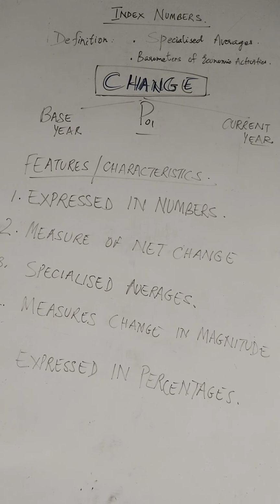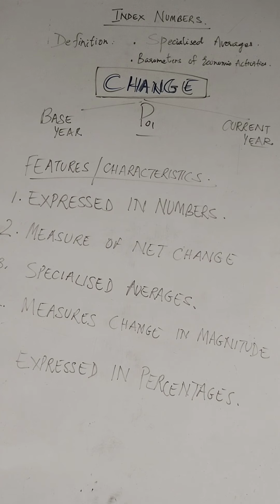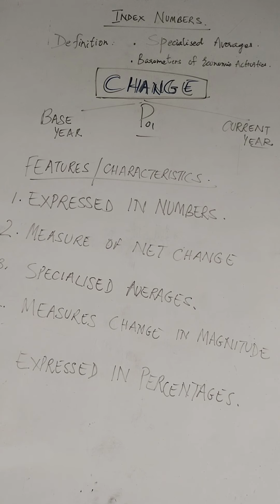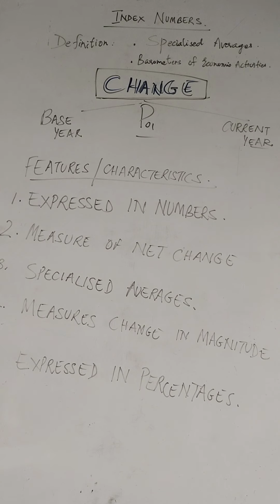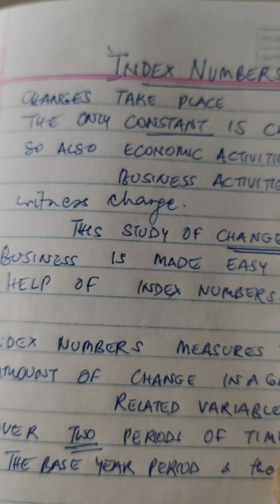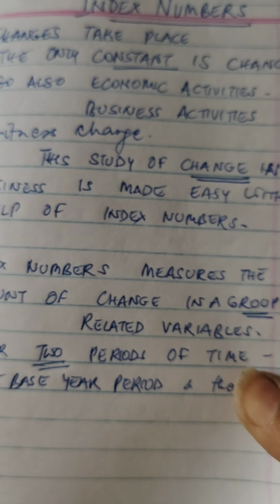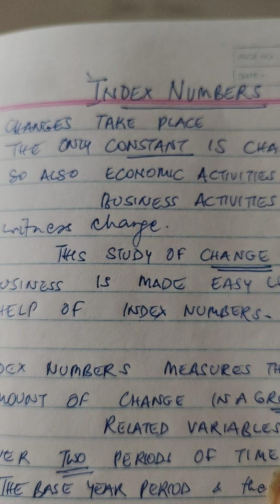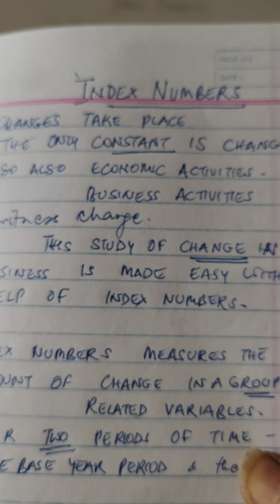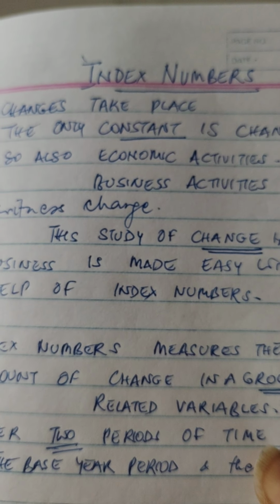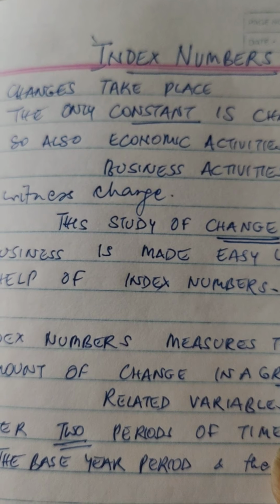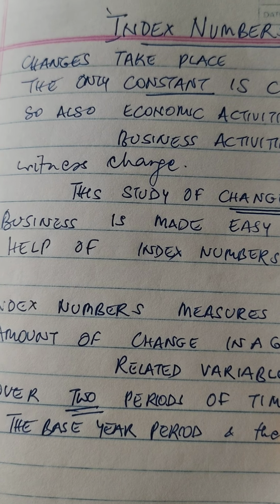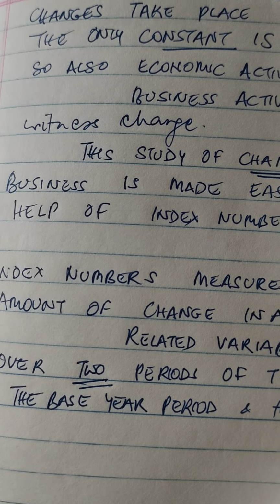Based on this, let me just show you. Changes are taking place all the time, and as somebody has so rightly said, the only constant in life is change. Economic activities or business activities witness change; they're so volatile.